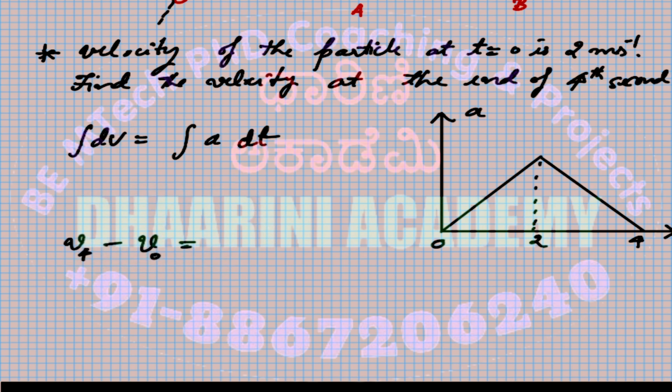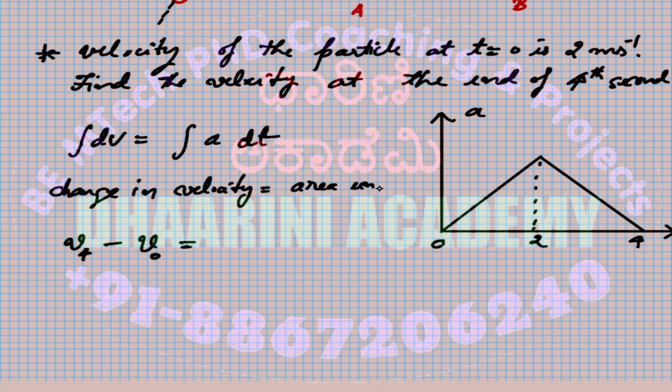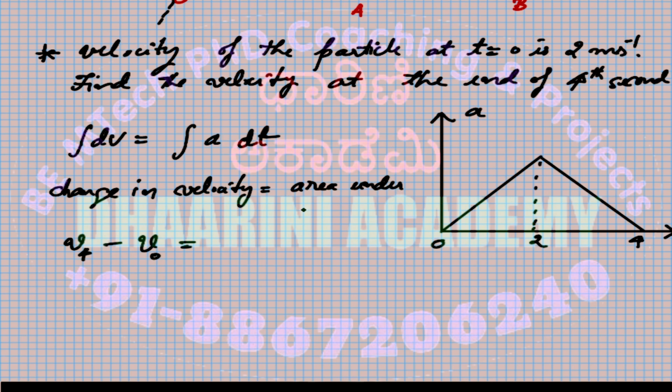The meaning of this equation we have written, integral dv equal to integral a dt, is that the left hand side, the change in velocity, is equal to the area under the AT curve, that is the acceleration versus time curve.